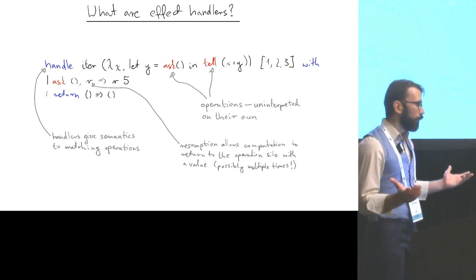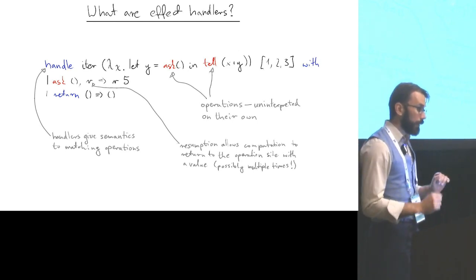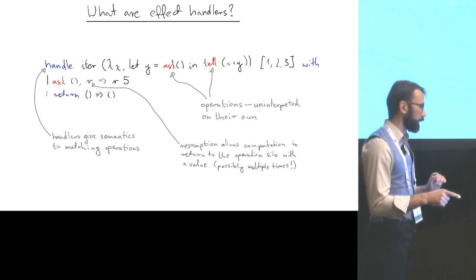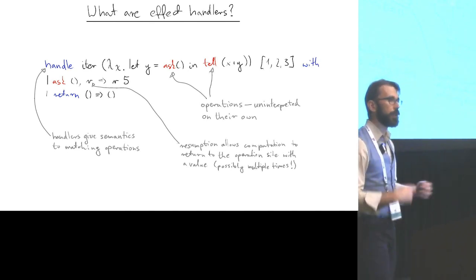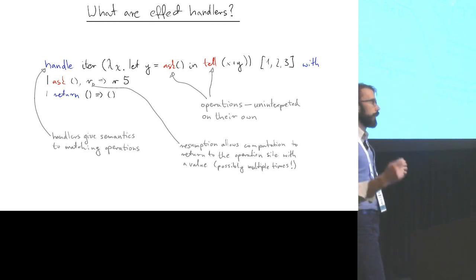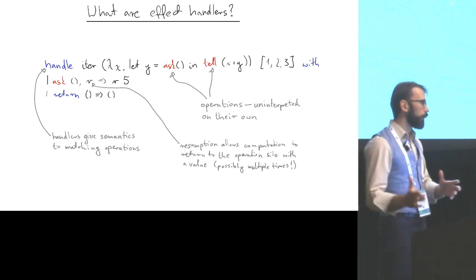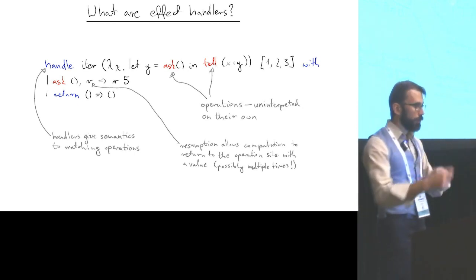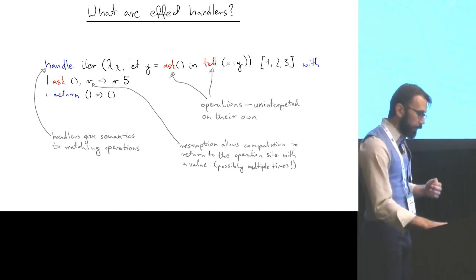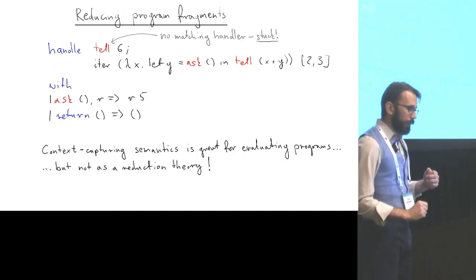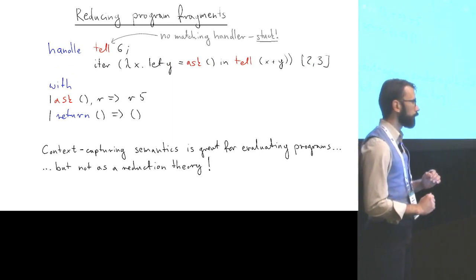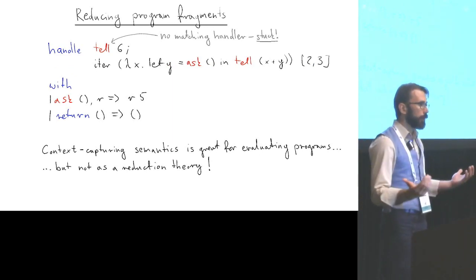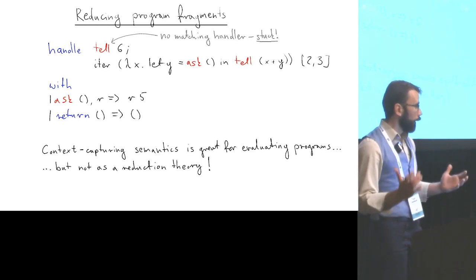Now, one of the things I've mentioned already is that the tell operation is not interpreted in this snippet of code. So if we simply try to reduce, capture part of the context, pass it over to the handler, and continue evaluation, we'll eventually reach a program like that. And this program in this simple view is stuck, because we only have a partial program.